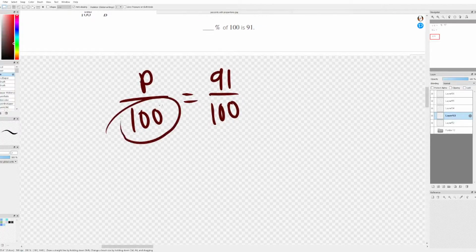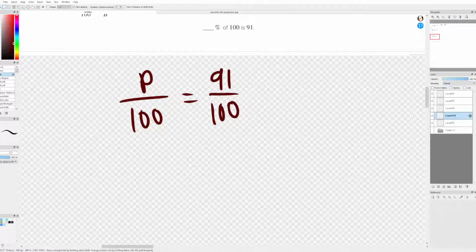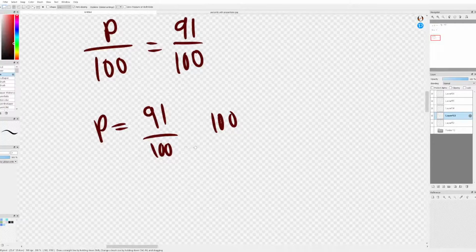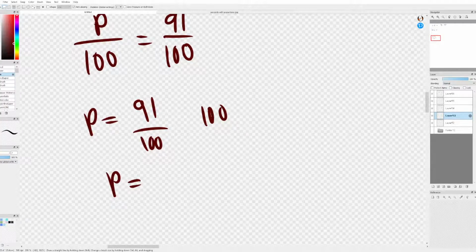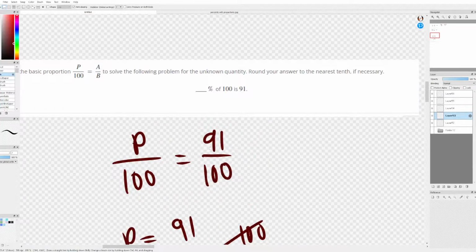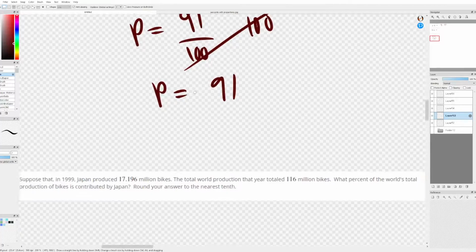What we can do is times this side by 100 to get rid of the denominator. So P is equal to 91 over 100 times 100, which gives us P is equal to 91, because we can cross both those 100s out. So 91% of 100 is 91, which makes sense.